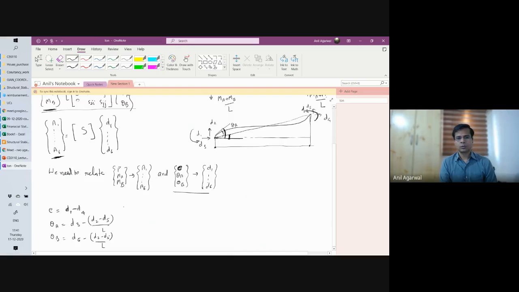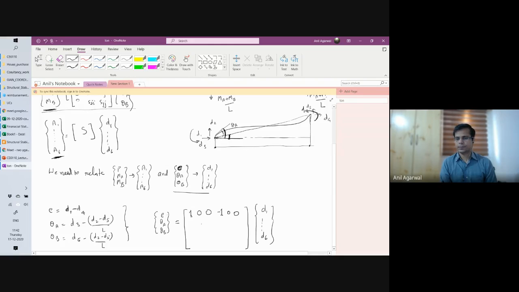Okay, so this whole thing I can write in this form: E, theta A, theta B is equal to a matrix times d1 to d6. E is equal to d1 minus d4, right? So I should have 1 here, and then corresponding to the 4th degree of freedom, I should have -1. So second, third is 0, -1, 0, 0. Is that correct?